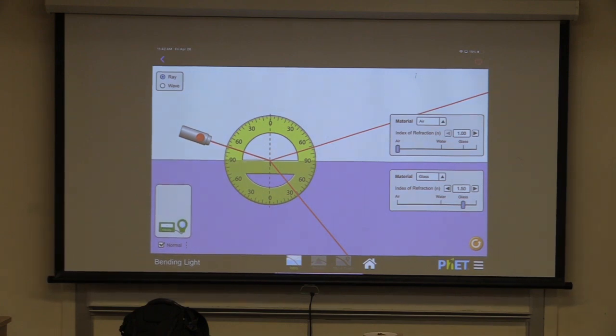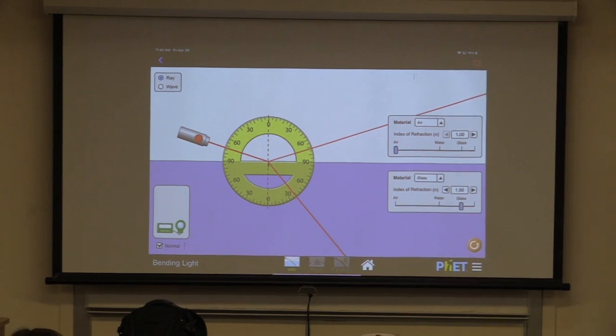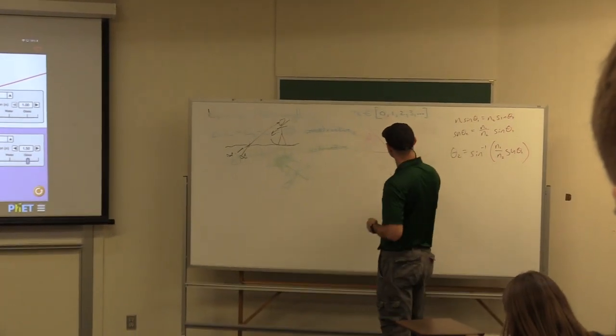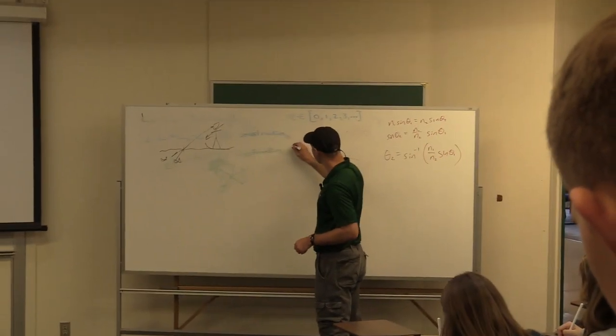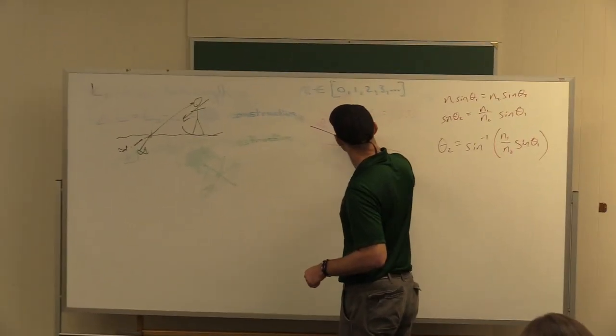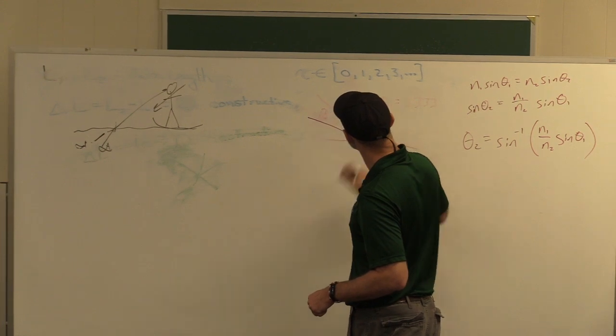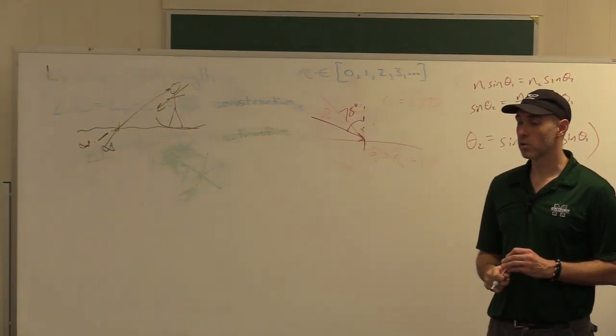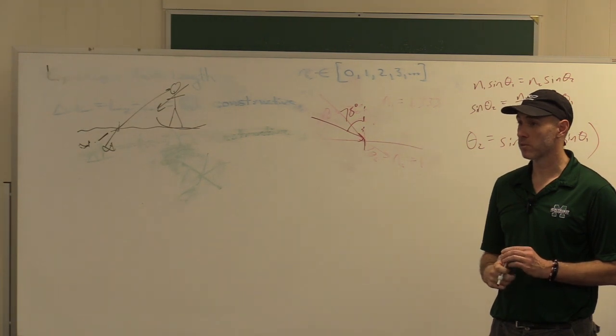It's kind of like looking through a window. Light's coming in and it's going out. We're shining my light through the plastic. It's going from air at 78 degrees. So 78 degrees is a pretty steep angle, like this. Is it going to bend towards the normal or away from the normal?